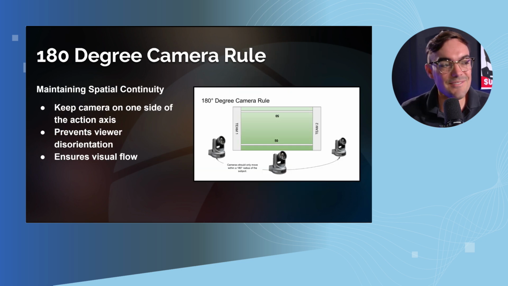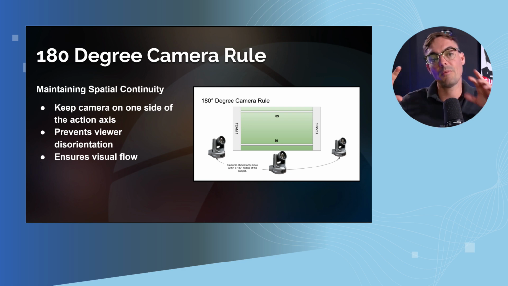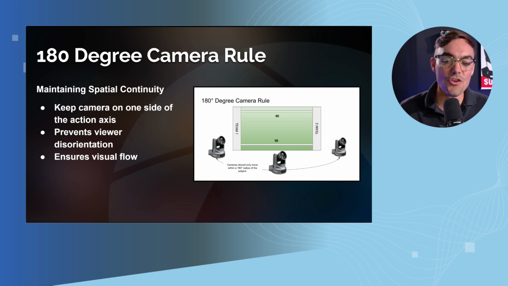Now, the next rule that I think a lot of people should think about is the 180-degree camera rule. This is specifically important in sports, but most news broadcasters will also abide by this rule, which is to keep all the cameras on one action axis, meaning if all the cameras are on one side of the field, you can naturally see which way the sport is moving, whether it be left or right.